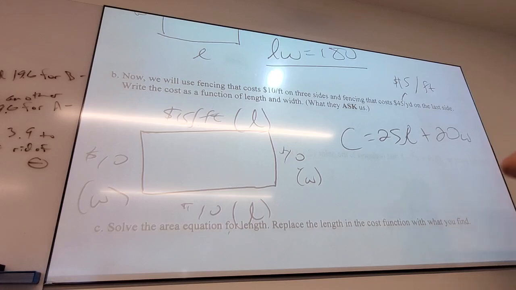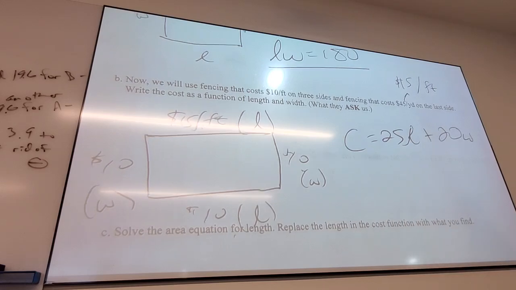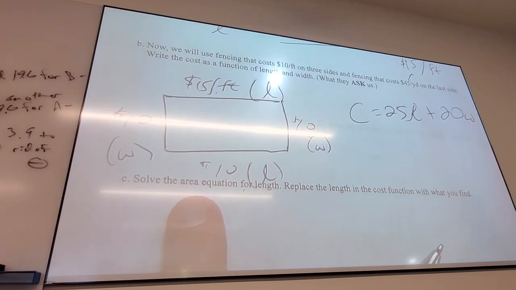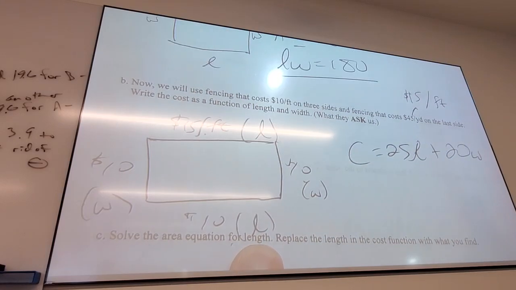So what do I do? Isolate one. Yeah, so part C, I'm more specific. It really doesn't matter, but part C, I tell you, solve the area equation for length. So let's do that. Go ahead and solve the area equation for length. It really doesn't matter which one you solve for. For some reason, I just chose to do that.